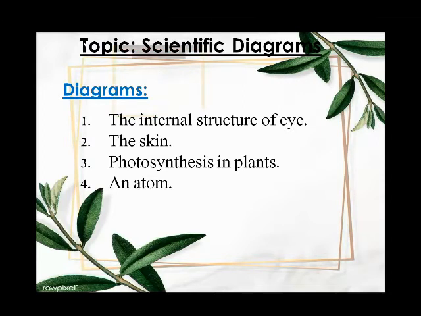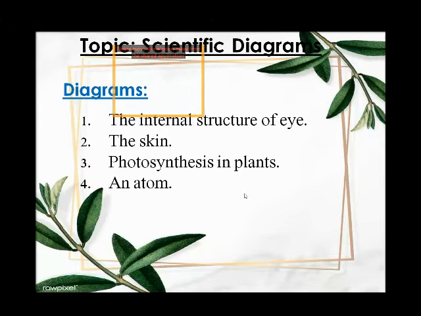First one, the internal structure of the eye. The eye we use for sight, and skin we use for touching, and so much other work is done. Now, the third picture is photosynthesis. This is a process. So today we will draw the picture of the internal structure of the eye first. Second, the skin.